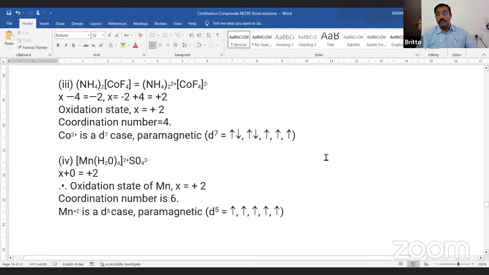If it is a weak field, all 5 electrons are unpaired. But if it is a strong field, the electrons become paired, so 2 will be paired and one unpaired electron will be there.